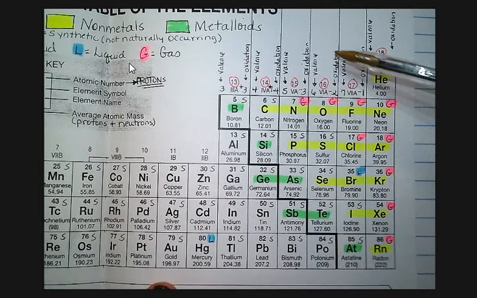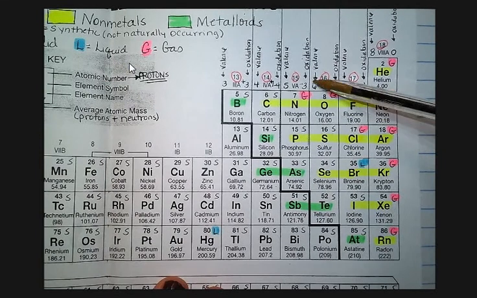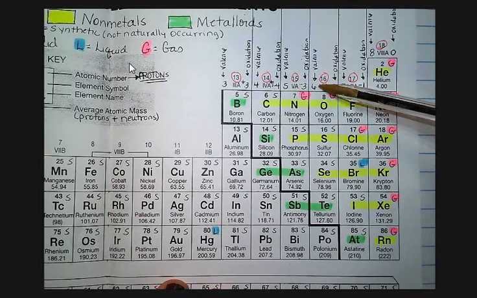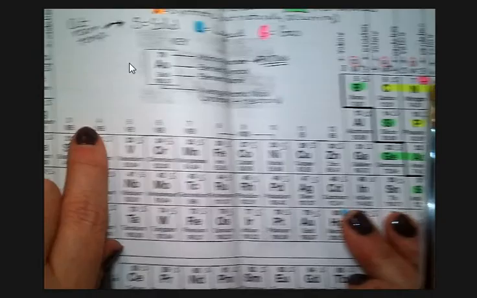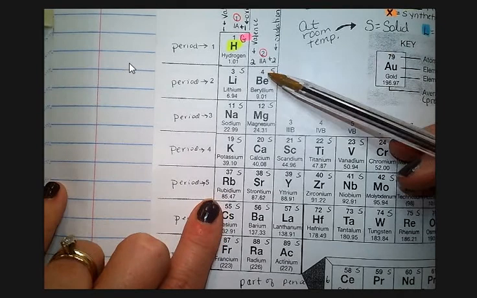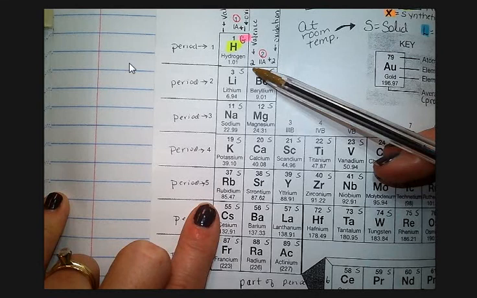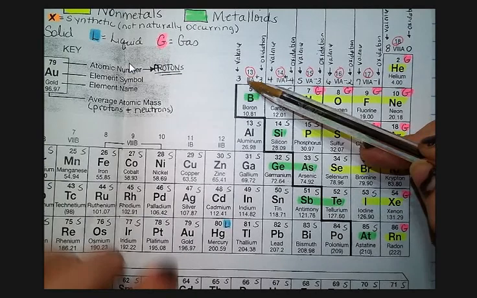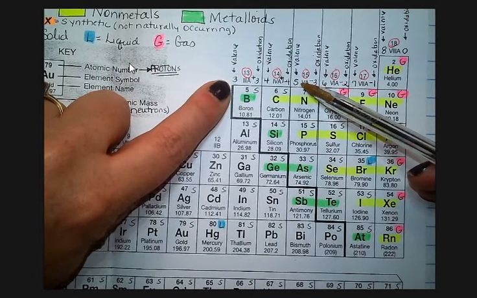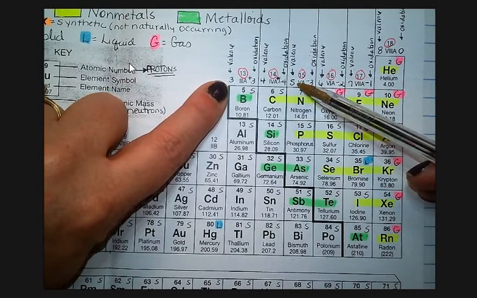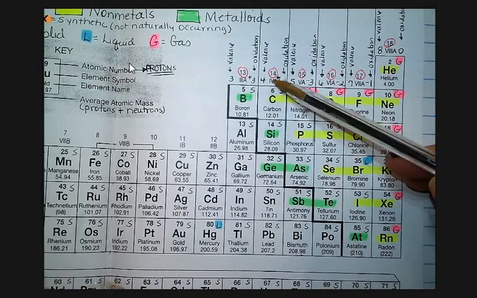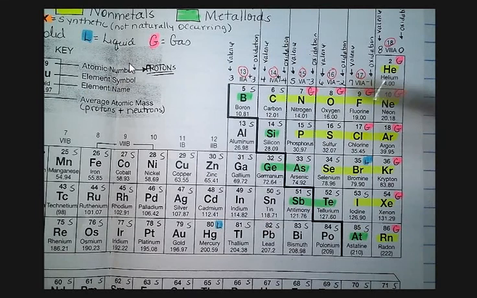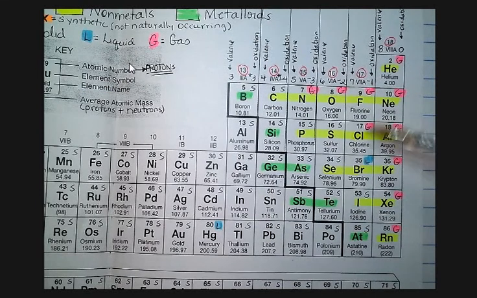So if you're in family group 16, they have 6 valence electrons, and a lot of times they will bond with elements from family group 2, because family group 2 has 2 valence electrons. If you're in family group 3, you will most likely bond with family group 5, and so on and so forth. 4 usually bonds within itself or covalently, right there. So we're going to leave that as that. So those were the valence electrons.